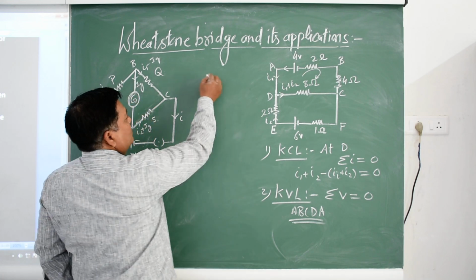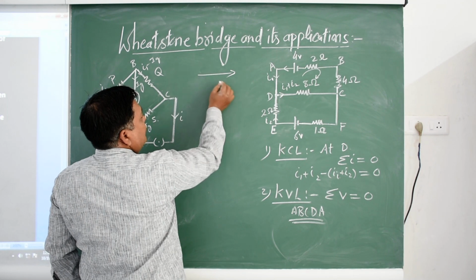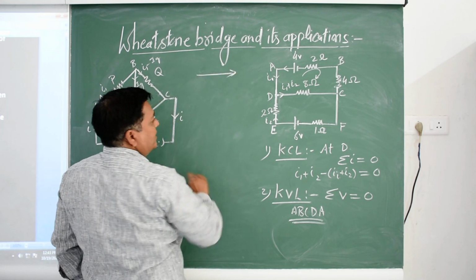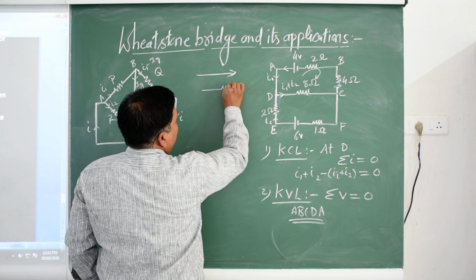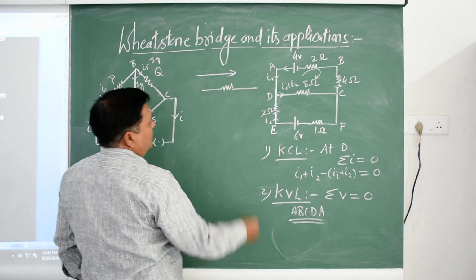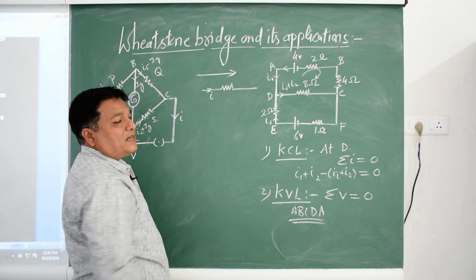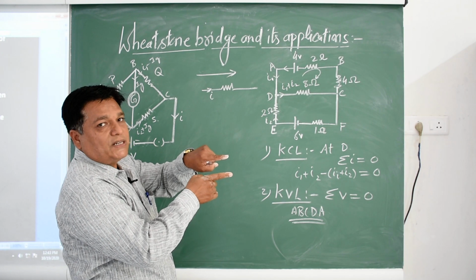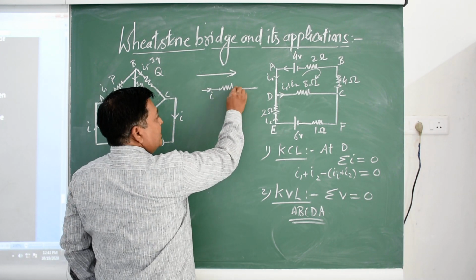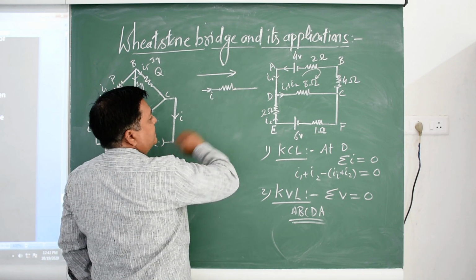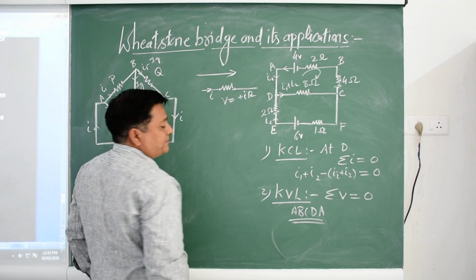Number one: we are moving in this direction according to the loop, and in the path suppose a resistance falls and the current I is also moving in the same direction as our direction of calculation. Then the potential difference across the ends of this circuit element is taken as positive, plus IR.